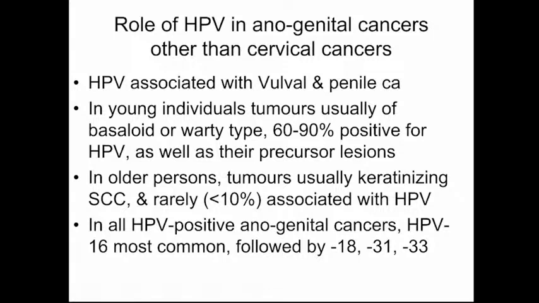So younger individuals are more likely to be positive for HPV, whereas older individuals are less likely to be HPV related. That's really in a nutshell. In all HPV positive anogenital cancers, type 16 is the most common, followed by 18, 31, and 33.